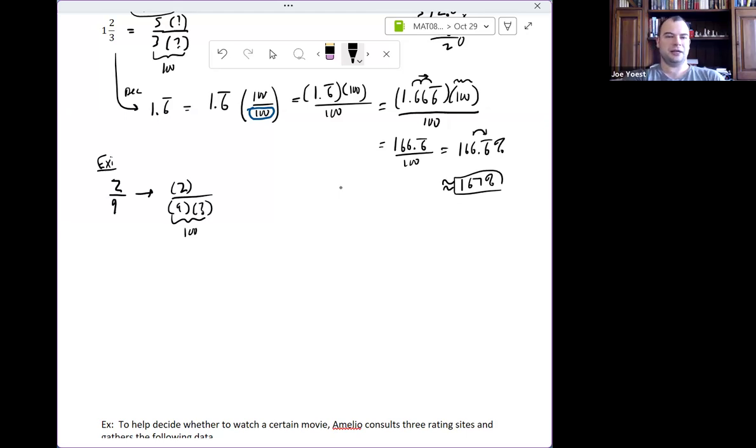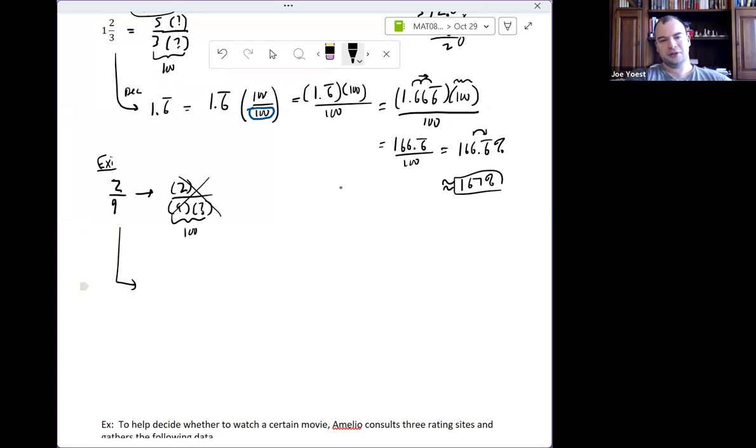There's nothing really nice that I can multiply 9 by to make 100. Right? At best, this is going to be cumbersome to do. I'm going to end up with fractions of fractional percents, and those can be kind of difficult to interpret what we mean by that.